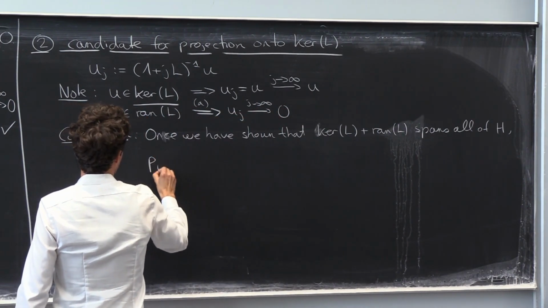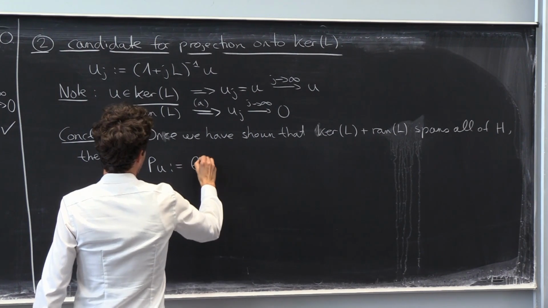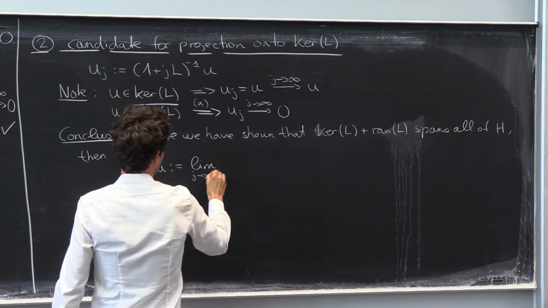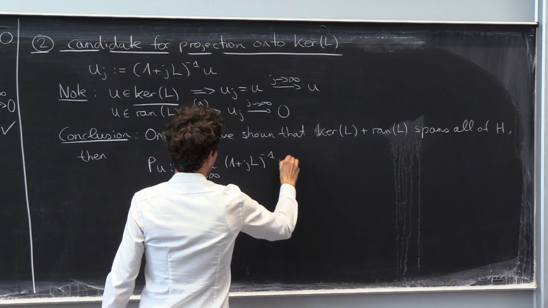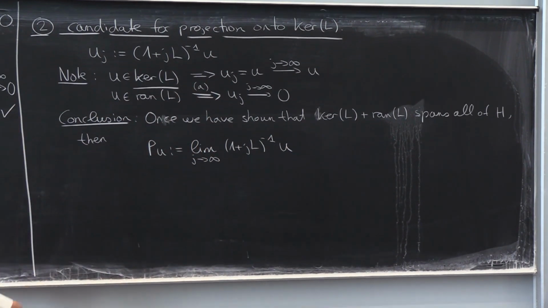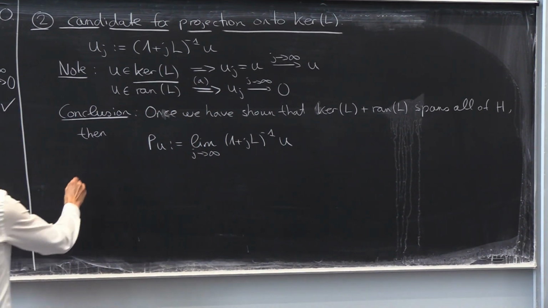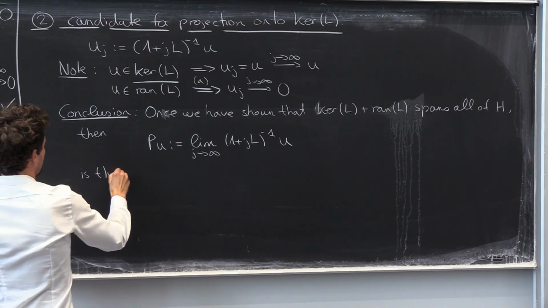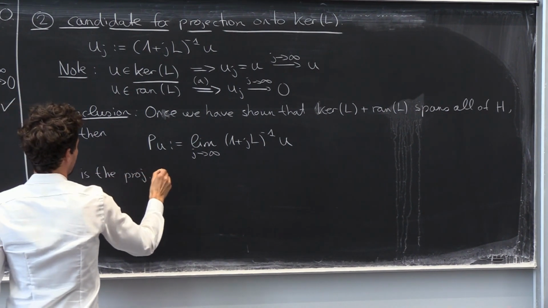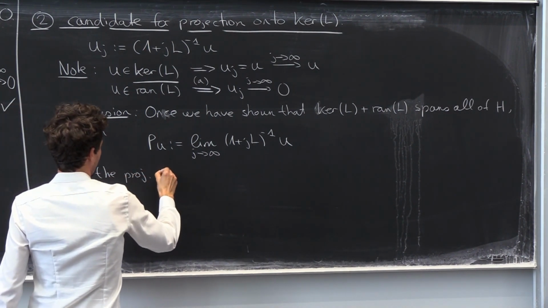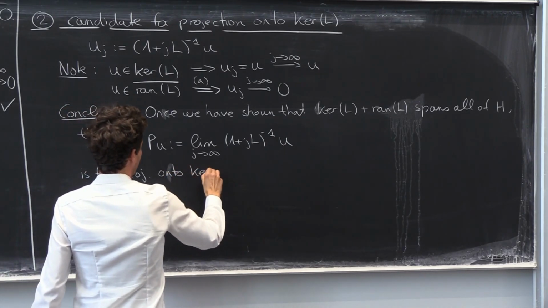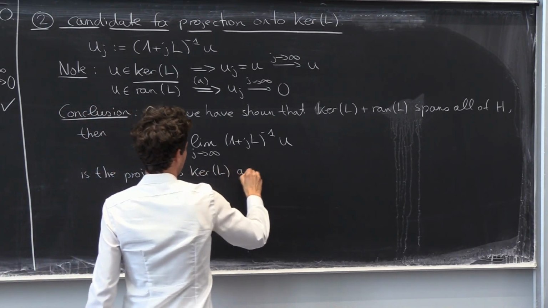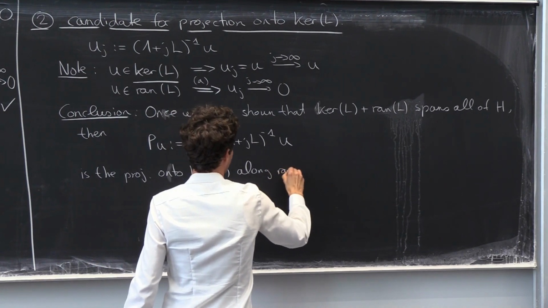So once we know that, then P of u, defined as the limit as j goes to infinity of (1 plus jL) to the minus 1 of u, this thing here is the projection onto the kernel that annihilates the closure of the range.